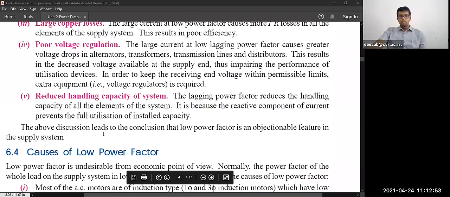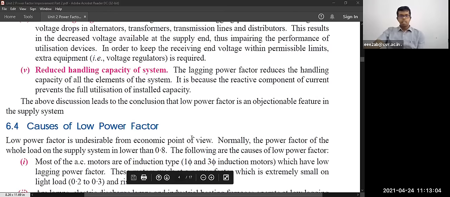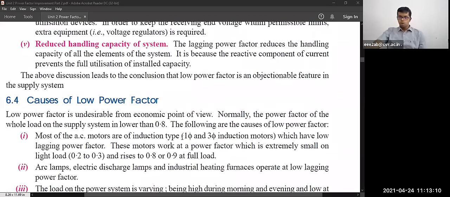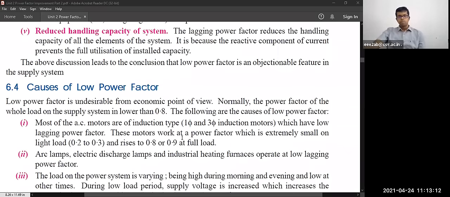The above discussion leads to the conclusion that a lower power factor is an objectionable feature in the system. So we have to maintain the power factor as a constant, even though it might be decreasing. We have to maintain it.